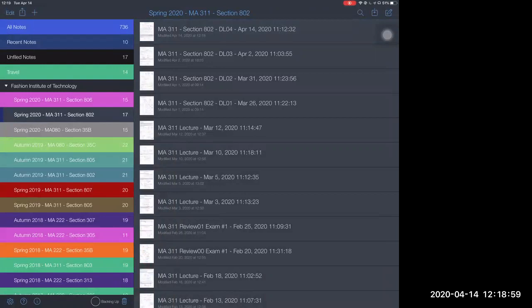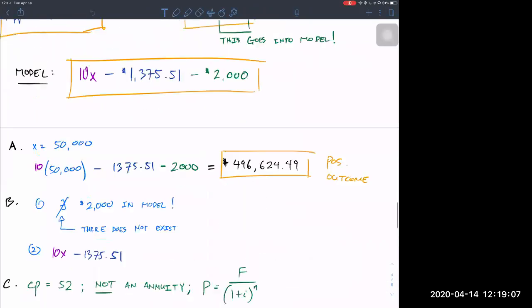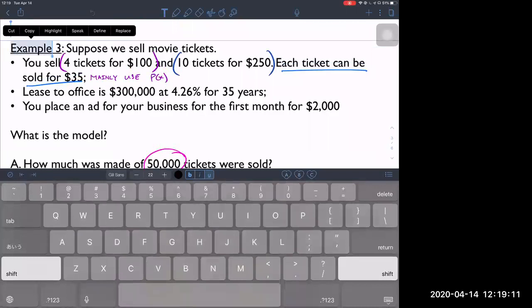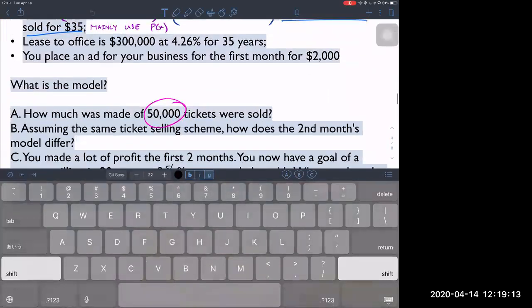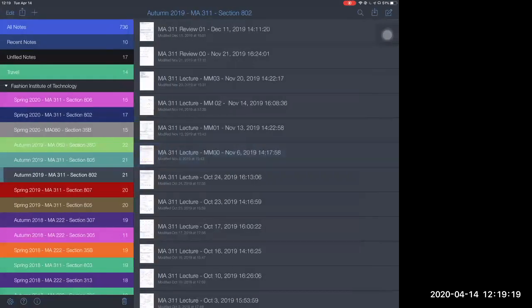Section 802 from last section. Okay. So I'm going to copy this, go back to ours.